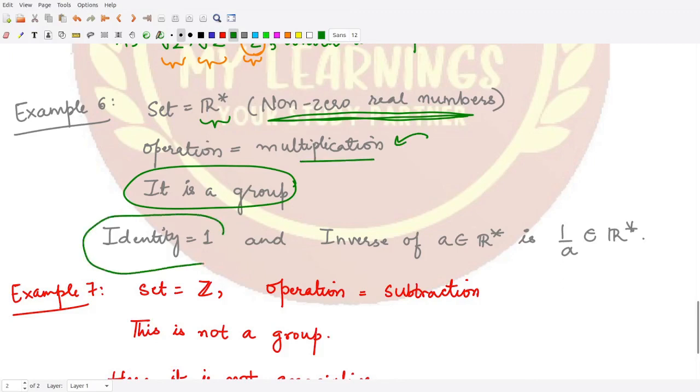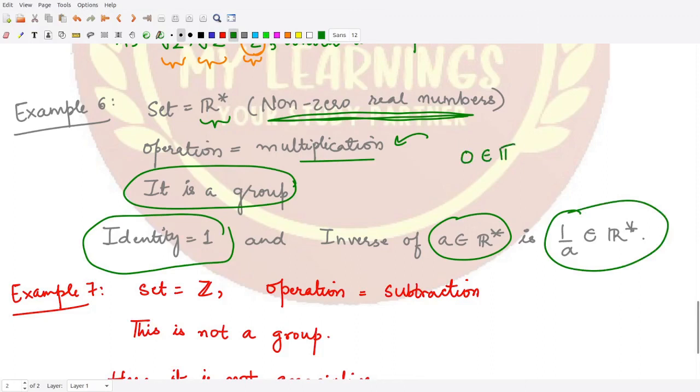The identity here is 1, and the inverse of each element A is 1 by A. And the issue was with 0. If 0 was also present in this R, then 1 by 0, which is infinity, is not present in R. So we have eliminated 0 from our set. 0 is not there, therefore it forms a group.